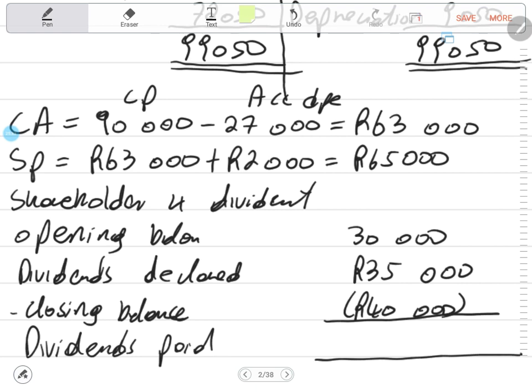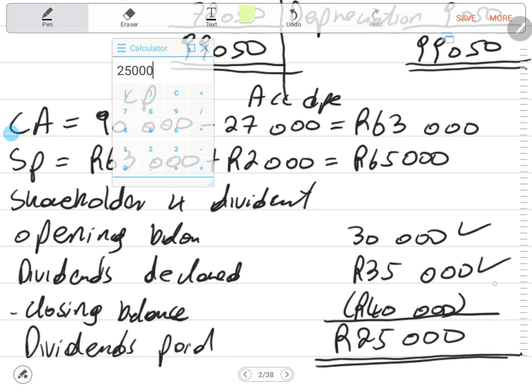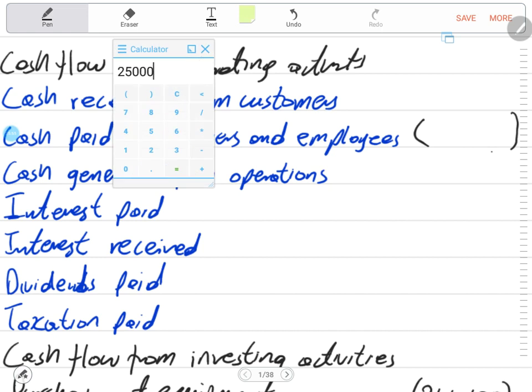So that is how you do the notes when you are required to do the notes. So it will be 30,000 rands plus 35,000 rands minus 40,000 rands. That gives us 25,000 rands. Normally 4 marks, it can still be less than 4 marks.